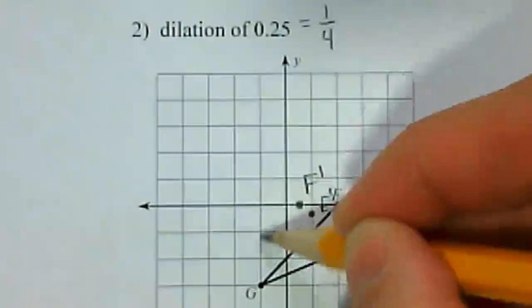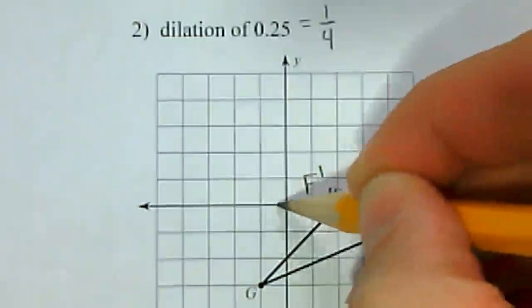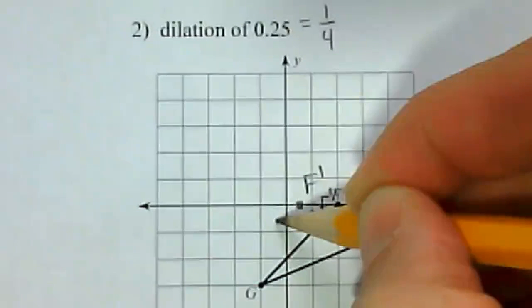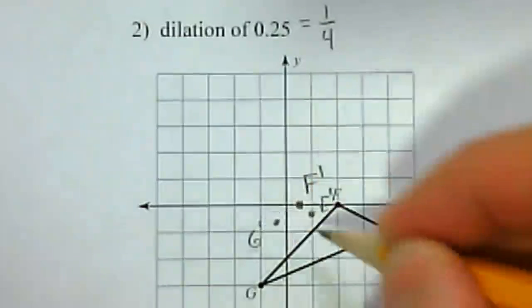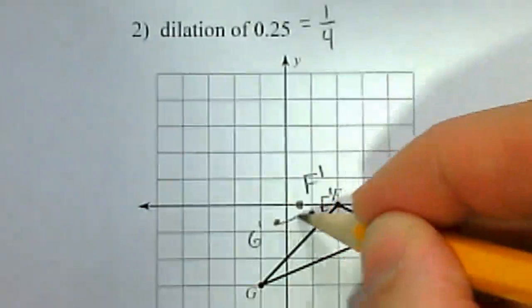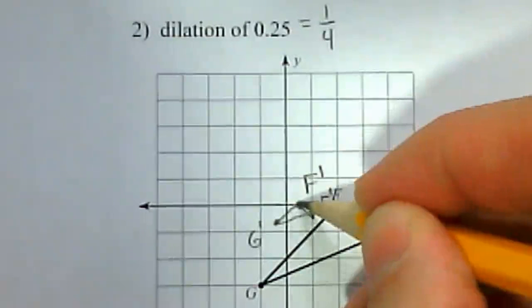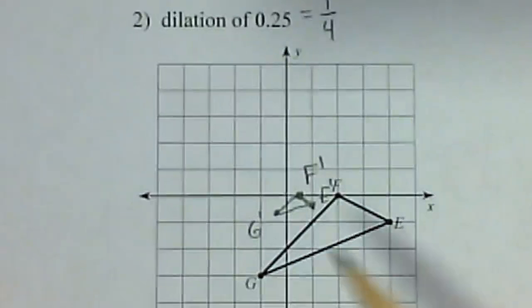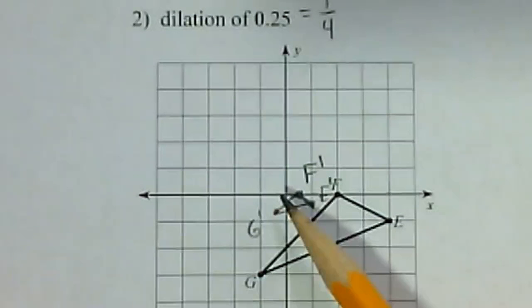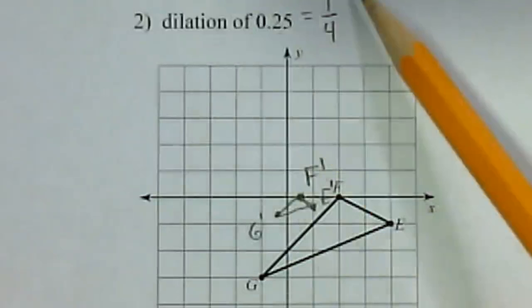So there's point E. And then G from the origin is left 1 and down 1, 2, 3. So left 1, 1/4 of that would be left 1/4. And then 1/4 of 3 would be 3/4. So that point would be right there. And that's G prime. Okay?